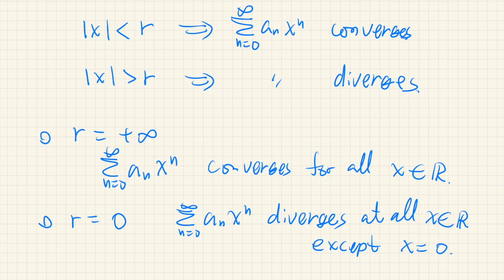So we now know what the radius of convergence means, but in practice, how can we calculate the radius of convergence given a power series? For that, we can use Cauchy's criterion or D'Alembert's criterion, which were already explained in another video. So suppose we have a power series, a_n x to the power of n, with radius of convergence r.